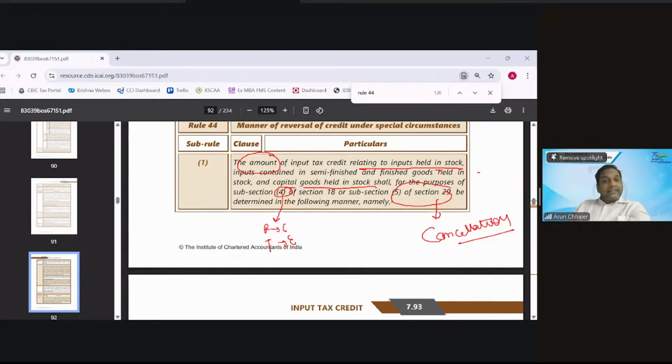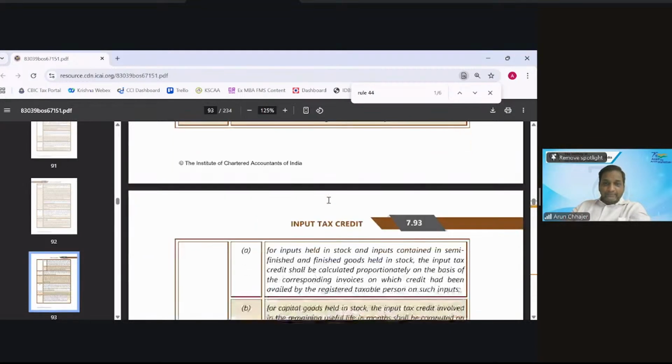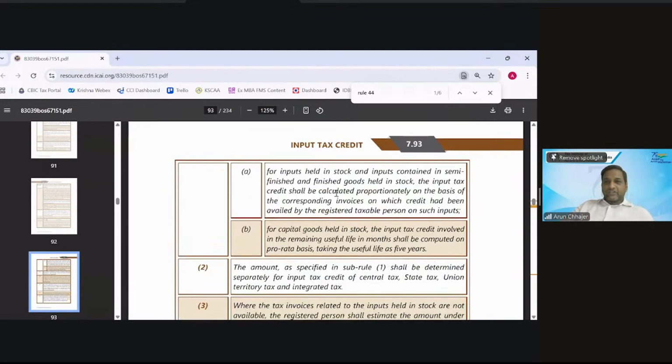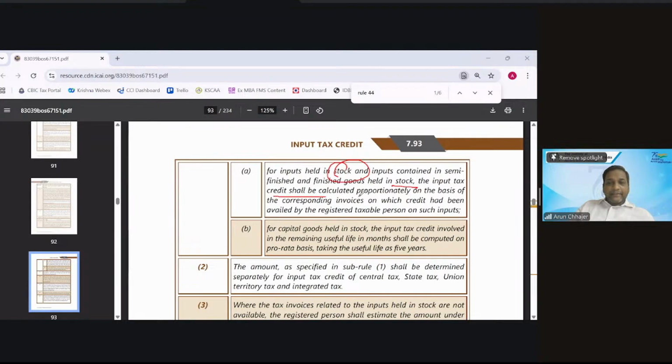shall be determined in the following manner. For the stock and input contained in the stock, ITC shall be calculated proportionately on the basis of corresponding invoices on which credit has been availed by the registered taxable person on such input.